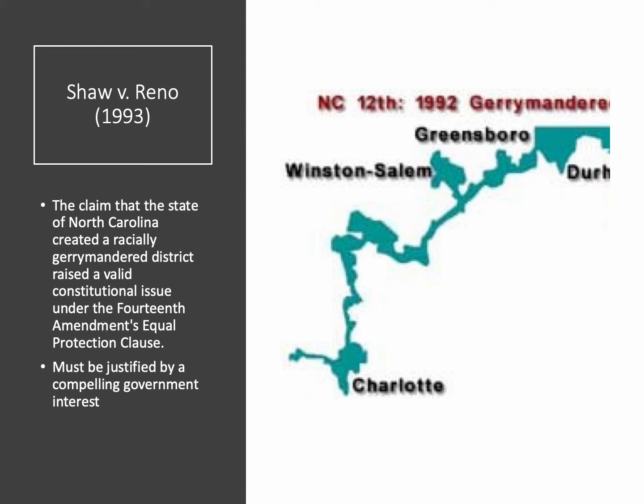This is one of the districts, an example in the Shaw versus Reno case. You can see this crazy district. That's a district that they drew, and it was a problem because of the way they drew the district to create white districts and black districts, the largest number of white districts possible and the smallest number of black districts.